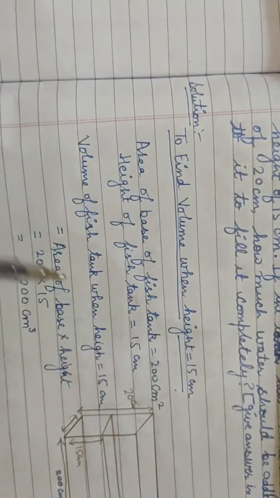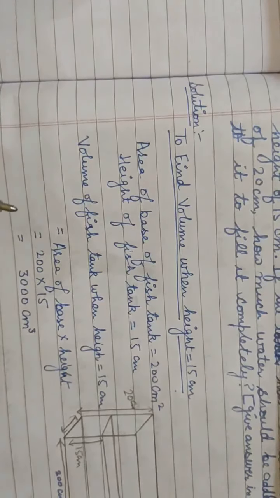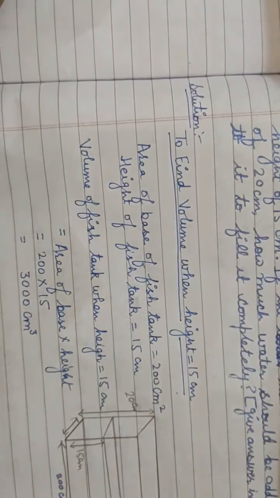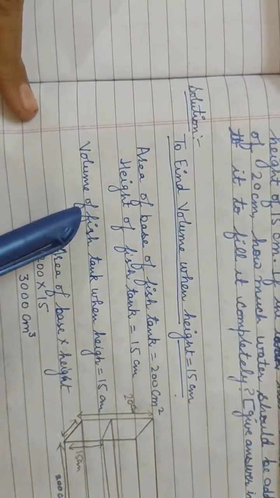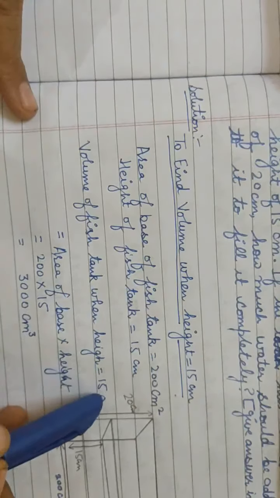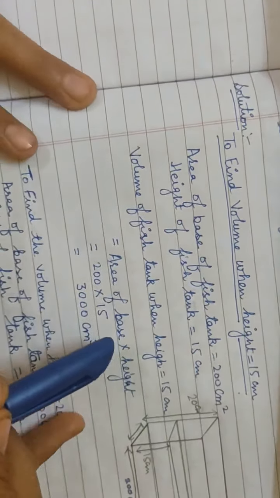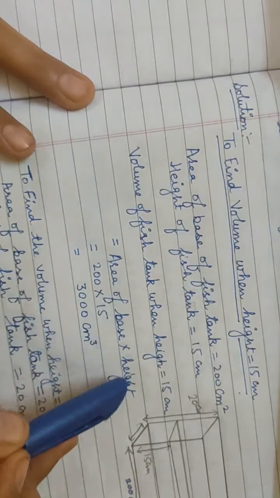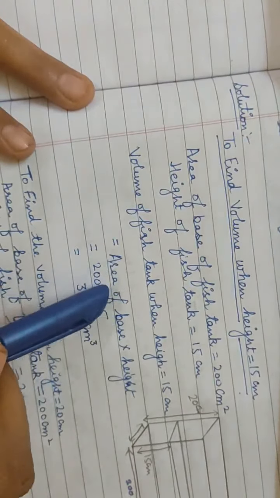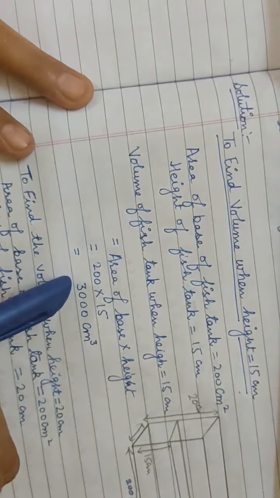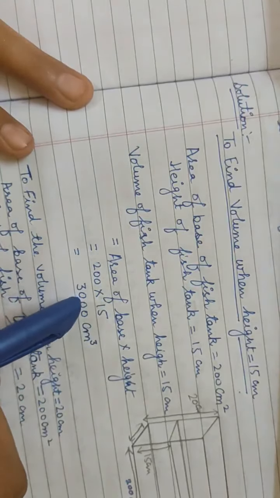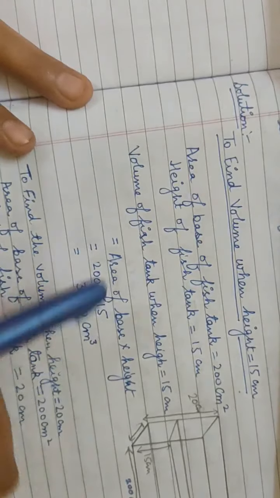So the area of base of fish tank is 200 centimeter square, height of fish tank 15 centimeter. So volume of fish tank when height is 15 centimeter will be equal to area of base multiply height. Area of base is 200 multiply 15. That is equal to 3000 centimeter cube.